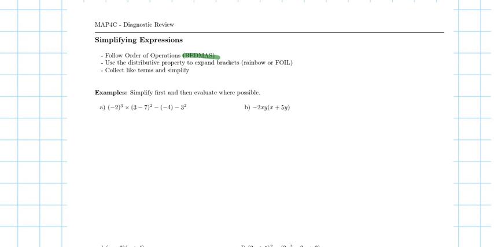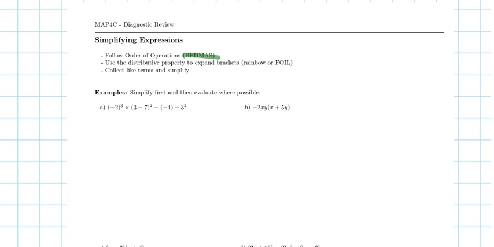All right, what's the first thing that I want to do here? Solve inside the brackets. If you have something inside the bracket that you can add, subtract, multiply, whatever, you want to do that first. I have three brackets here.